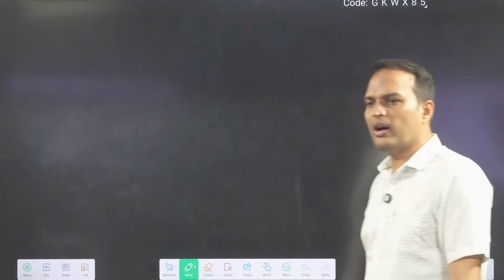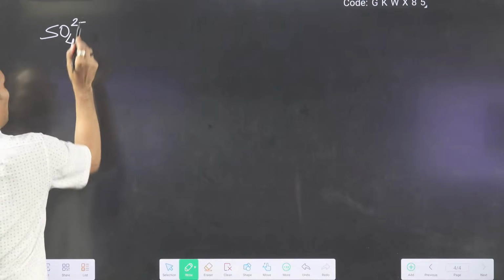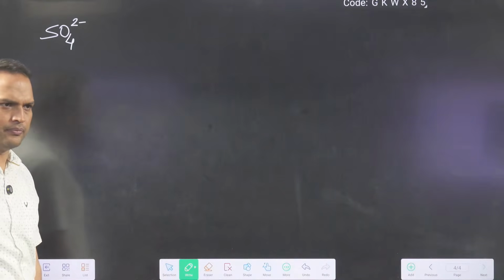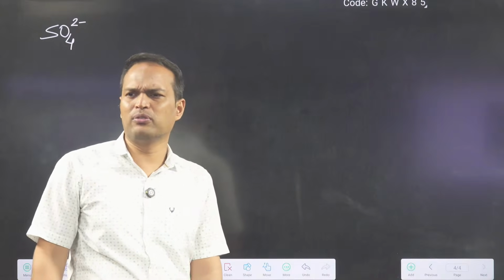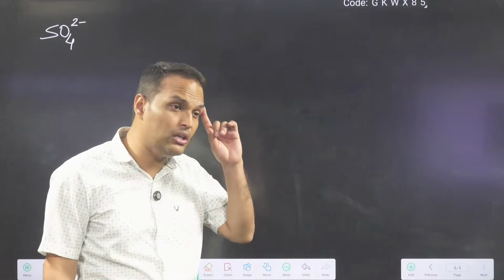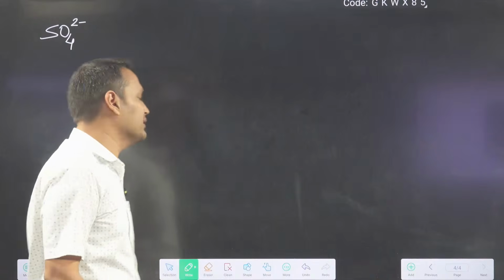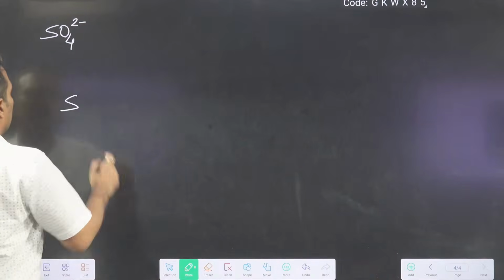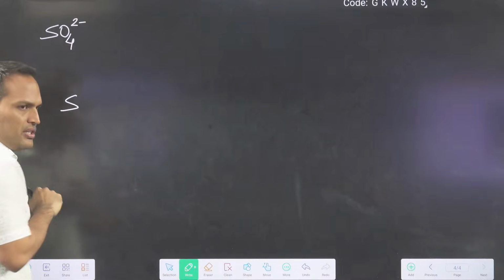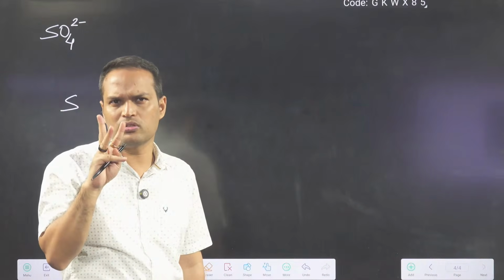Okay, let's go and solve the sulfate diagram. Now see, after so much understanding, we don't have to follow every rule. We can now think on our own also. How can we think? See here, sulfur is there, and 2 negative charges are there. So you can think like this: 2 negative charges, 4 oxygens.